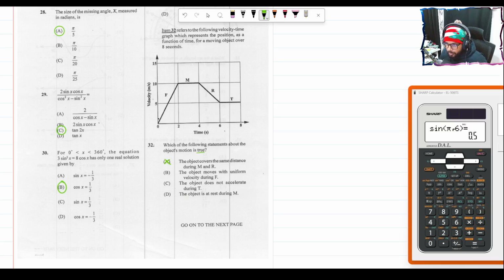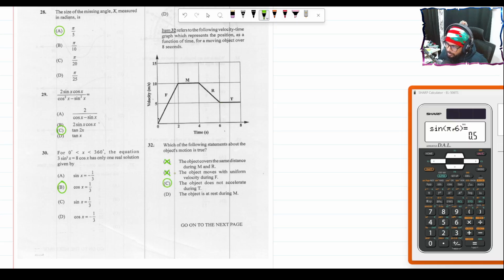But they want to know which one is true. The object moves with uniform velocity during f. It does not move with uniform velocity because the velocity is changing from 0 to 10. So that is false. The object does not accelerate during t. That is true. It maintains a constant velocity during t. So that is true.